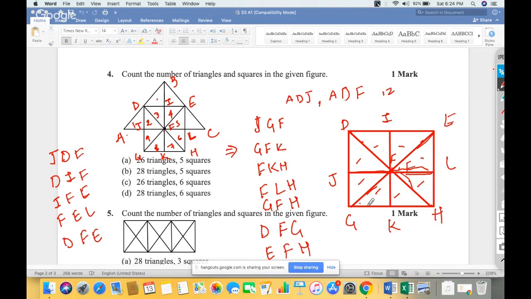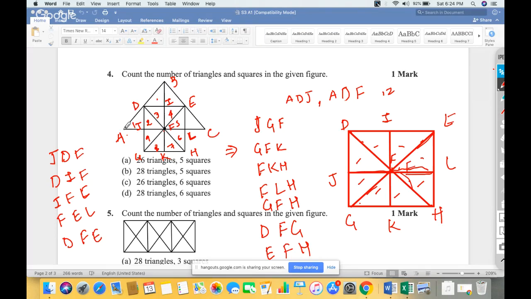And is there any other triangle which I am missing out? So likewise, how many triangles do I have here?